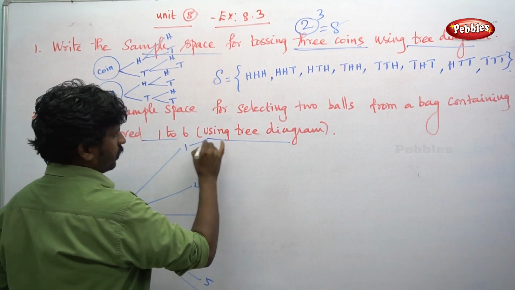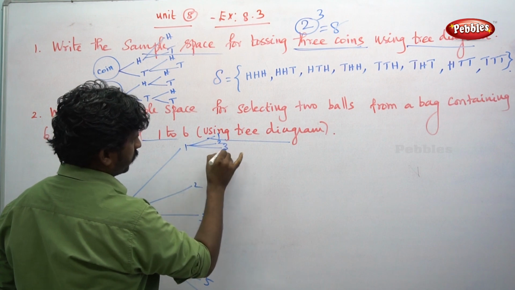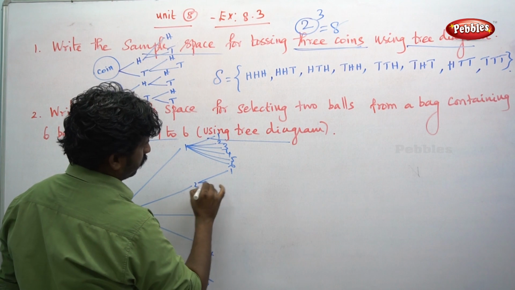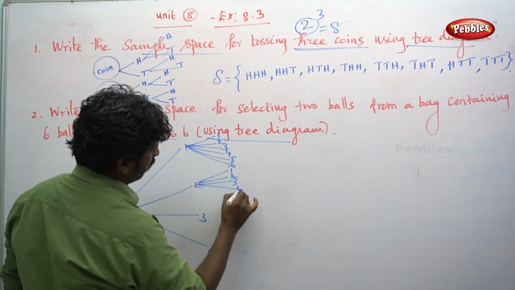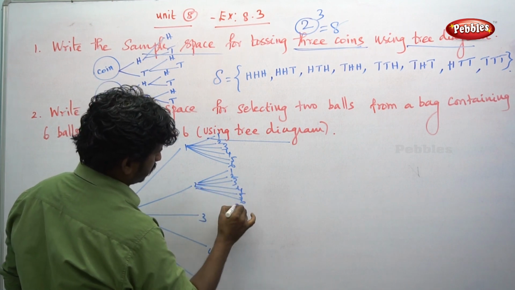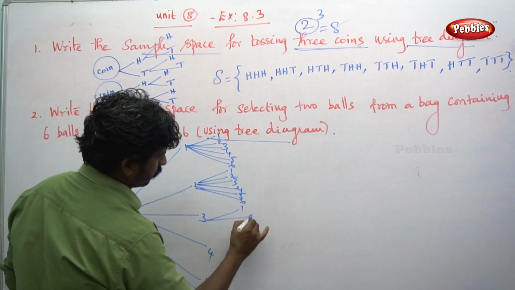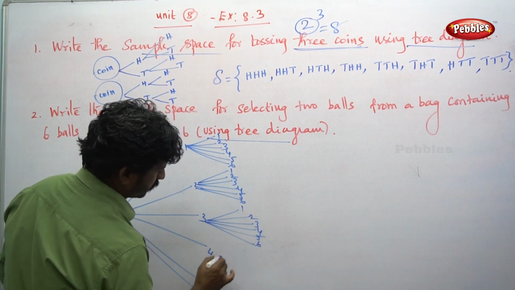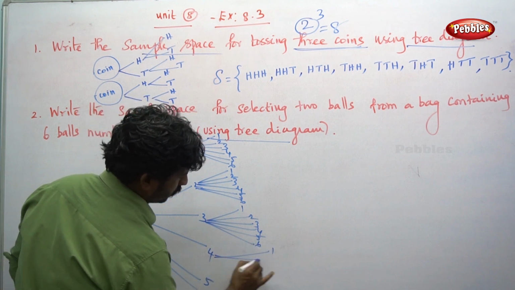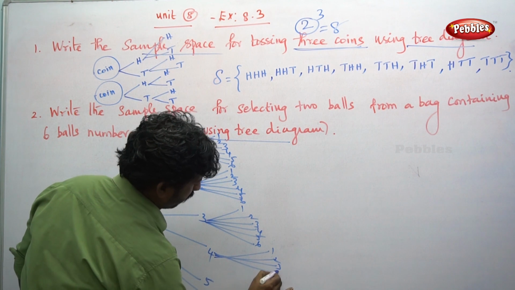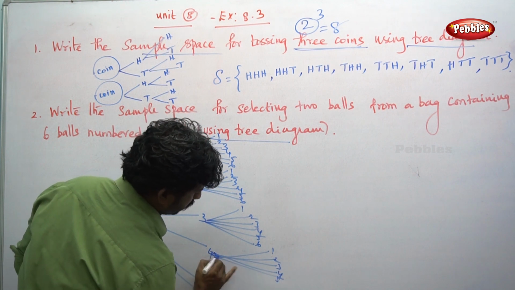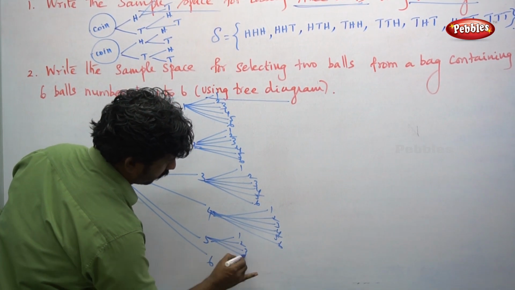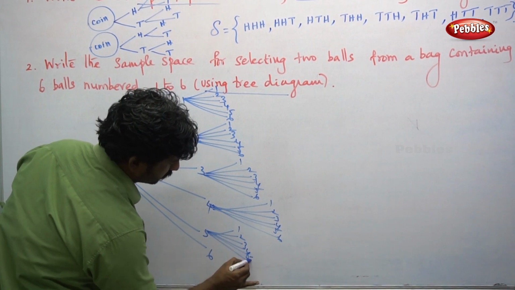So இங்க இருந்து 1 2 3 4 5 6, 1 2 3 4 5 6, and so here also 1 2 3 4 5 6.